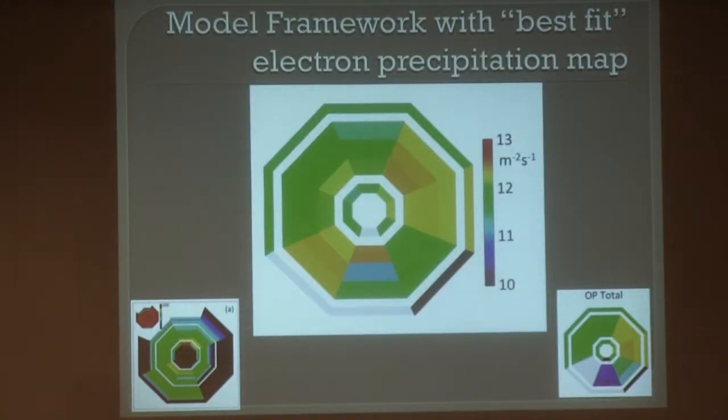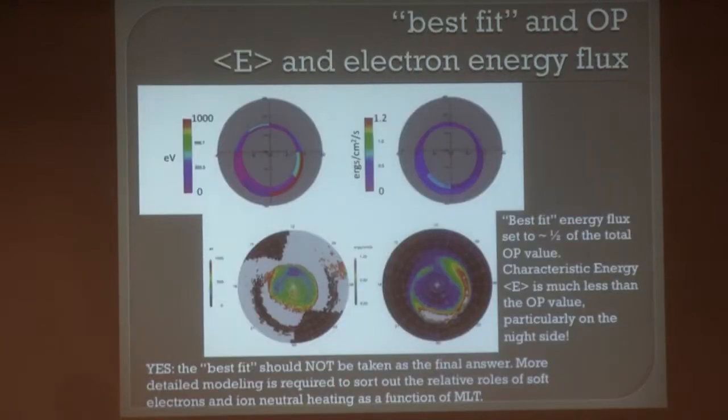So what we did is we fudged with the model and asked, what do we have to do to the precipitation pattern to get agreement here? And this is with downwelling, and we got here. This is what we called best fit. And this is the characteristic energy.